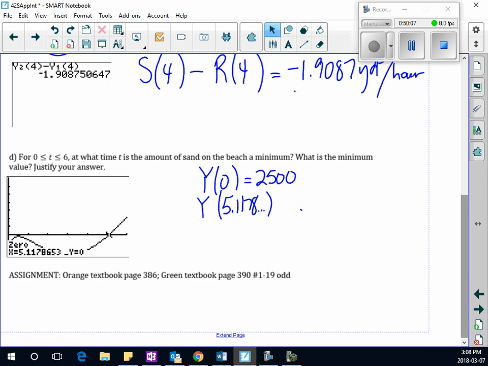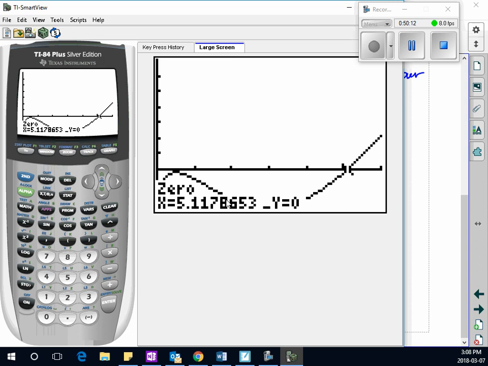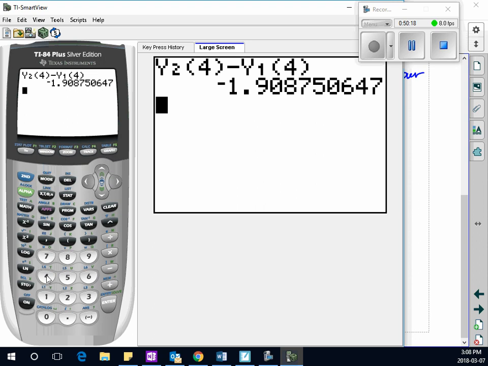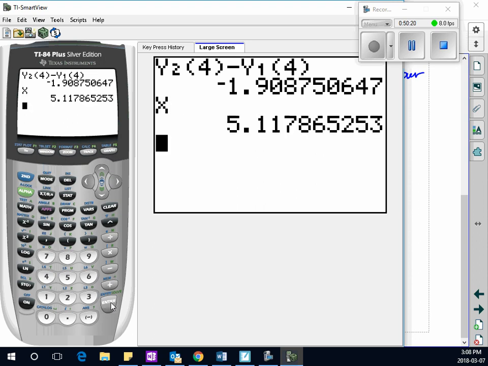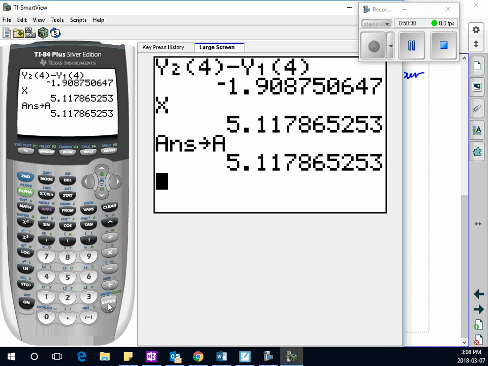So you see, this is there. We need to quit out of there and go x. And there it is, right? And then we got to store it into A or something, just so we don't lose it if we do another x. So I'm storing it into A for me.